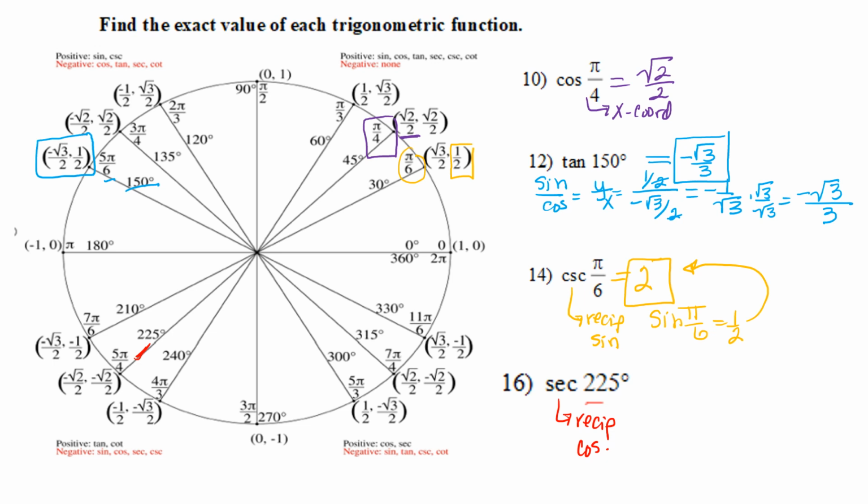So if I find the x-coordinate of 225 degrees, we have negative square root 2 divided by 2. And I'm going to need to rationalize that as well, so I can get the value of secant, which would be the reciprocal. So if I flip that upside down, secant would be -2 over the square root of 2.